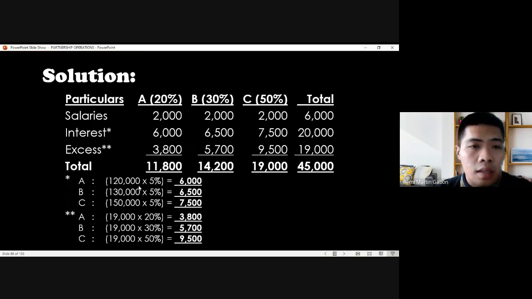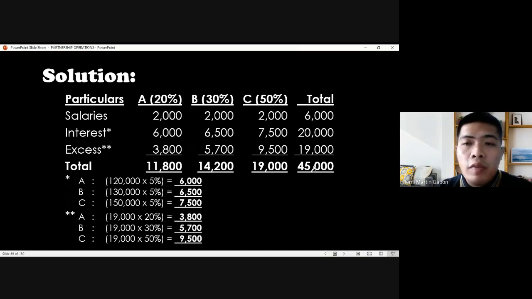So 120, 120, 130, and 150. So for A, we have 6,000. For B, we have 6,500. And for C, we have 7,500. A total of 20,000. Sa salaries naman, the same pa rin. Total of 6,000. Then to have the excess, we have total of 26,000 already na na-distribute.